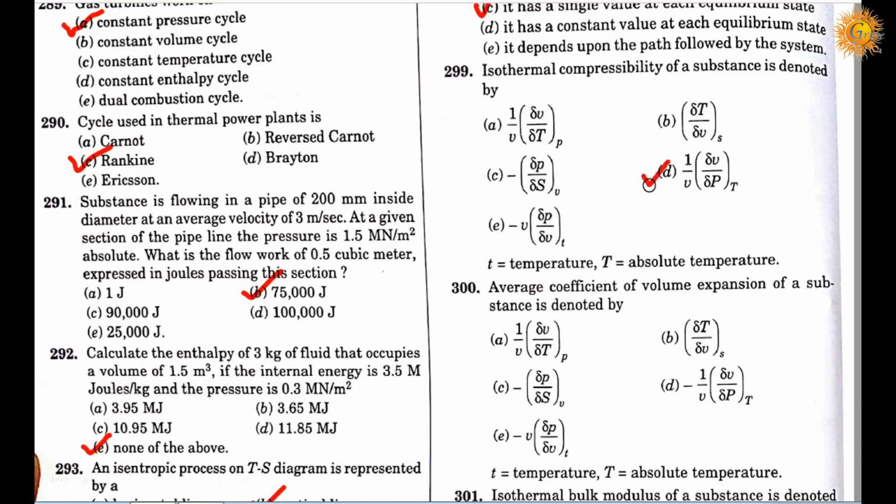So the correct answer is D. It will be 1/V (∂V/∂P) subscript capital T.